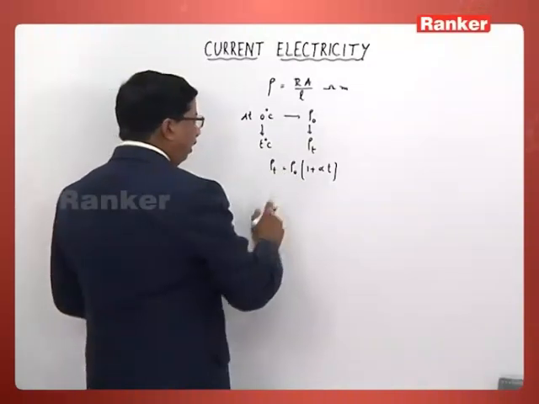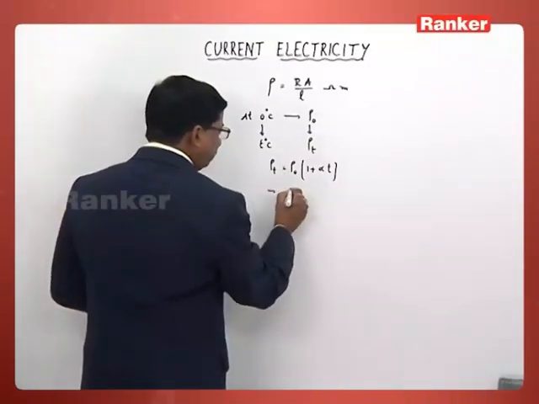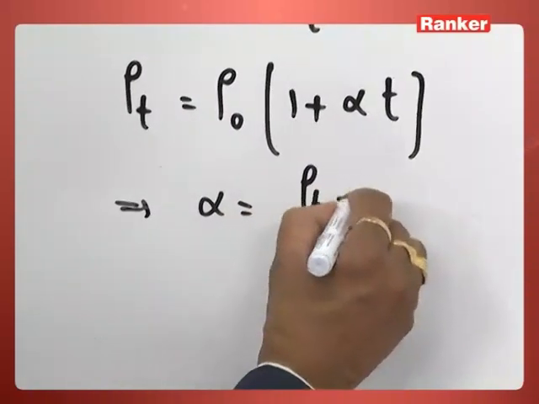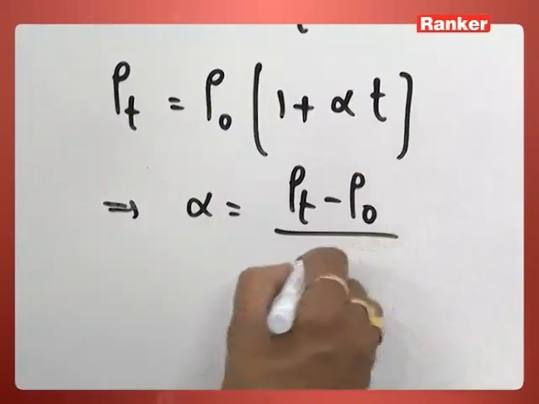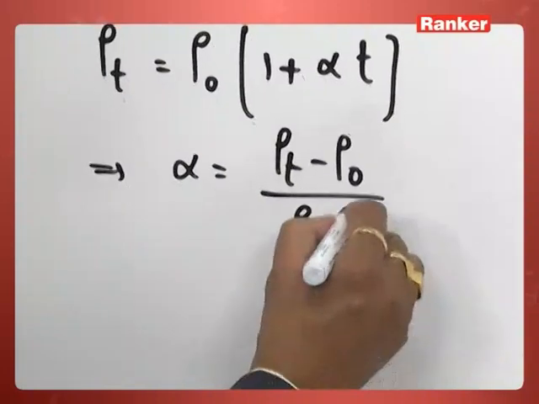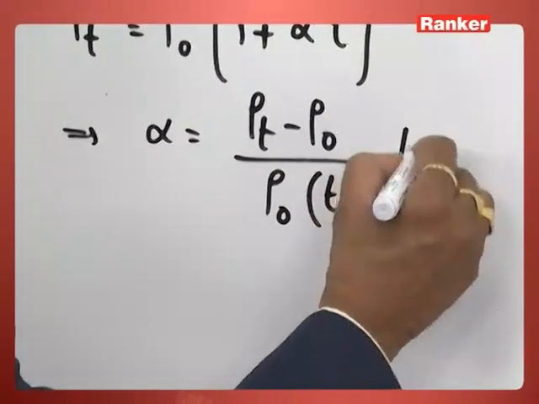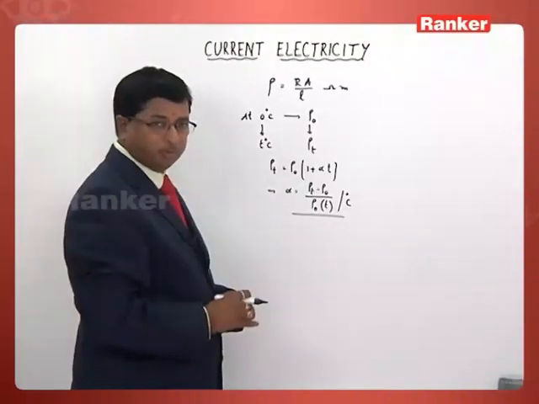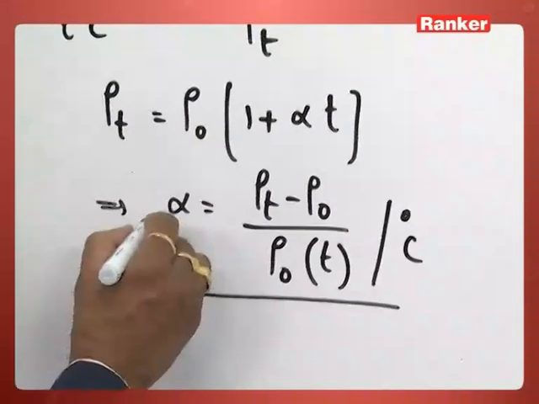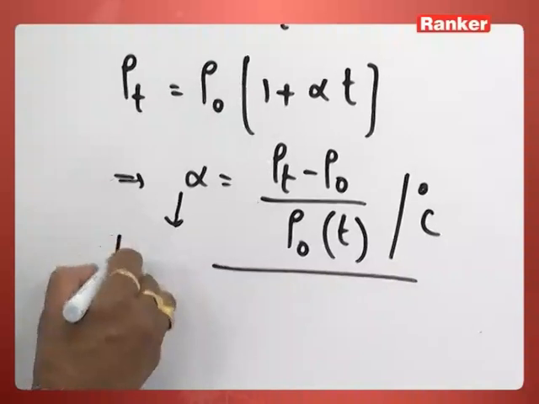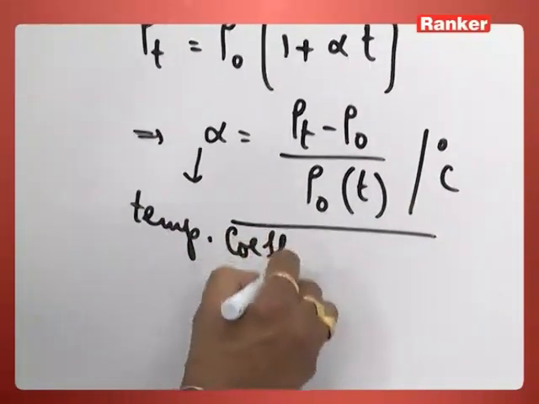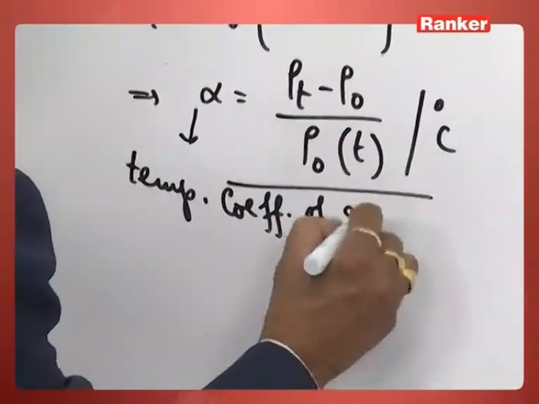Now you can even rewrite the same equation as alpha is equal to rho at t minus rho at 0 by rho at 0 into t per degree centigrade. That is the equation one has to remember. Here, alpha is called the temperature coefficient of resistance.